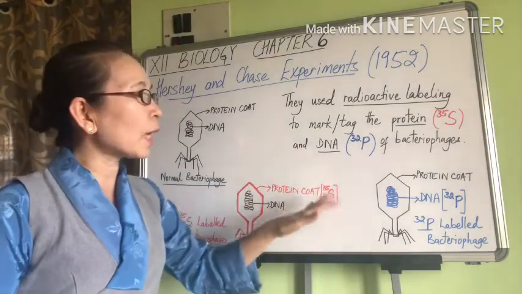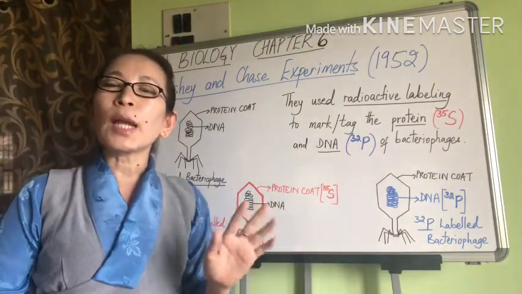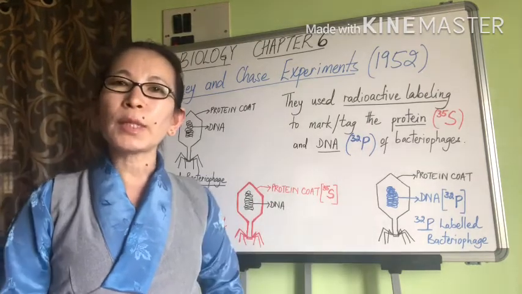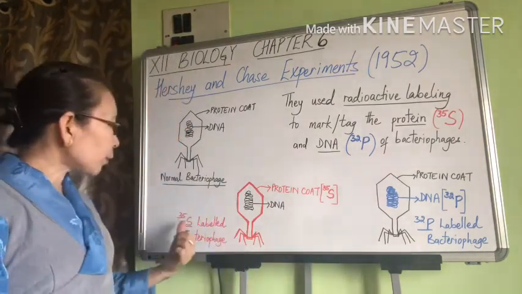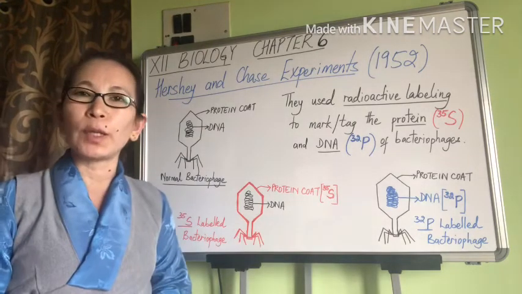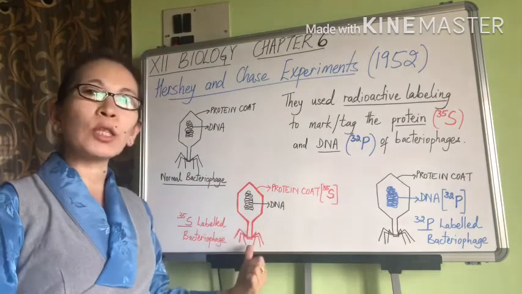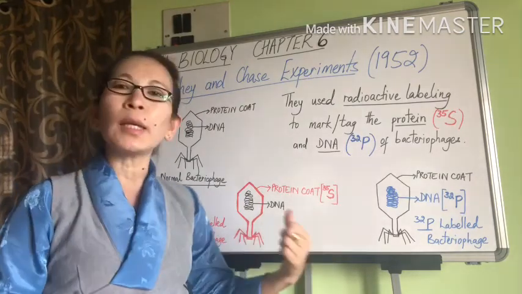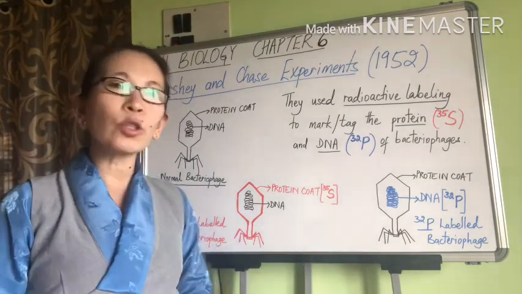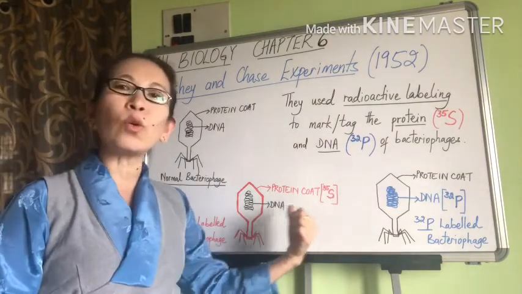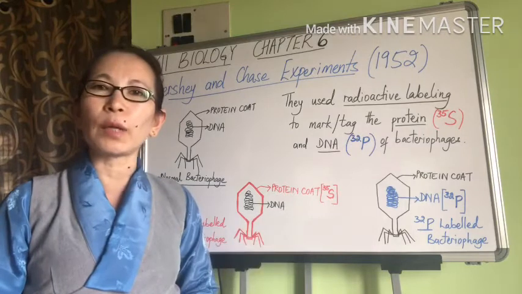Hershey and Chase designed two simple yet clever experiments in order to discover the genetic material. In the first experiment, they developed sulfur-35 labeled bacteriophages. How they created these bacteriophages was by culturing bacteriophages in a medium containing sulfur-35, because of which all of these bacteriophages are going to be having their protein coat labeled with sulfur-35.